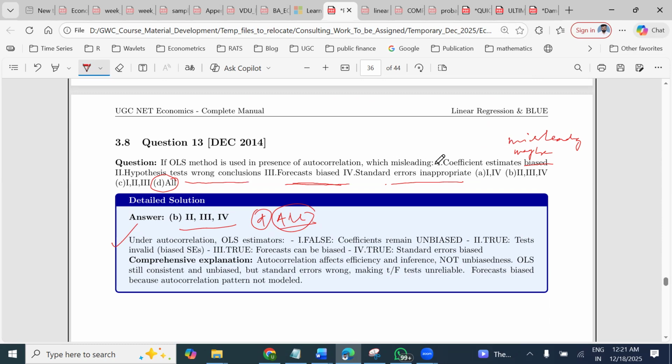Because you are saying second, third, fourth, everything is correct. All of the above you are saying, isn't it? Then option 1 will be true only. Because we read that if OLS method is used in presence of autocorrelation, then coefficients are unbiased only. Here it is written biased, which is misleading.